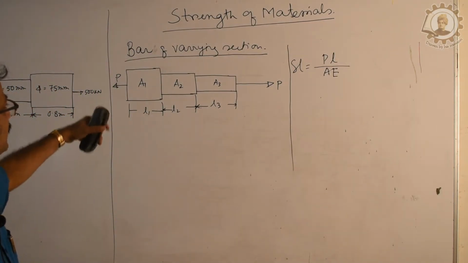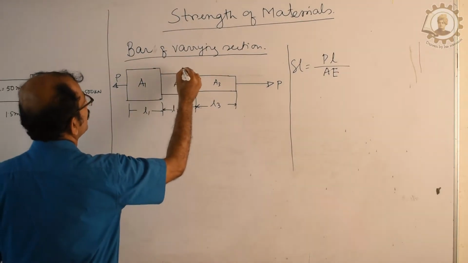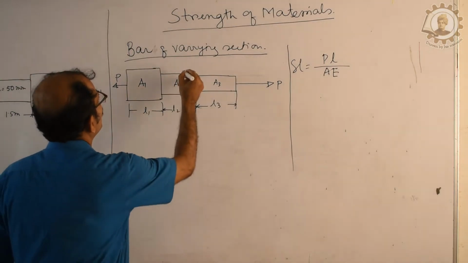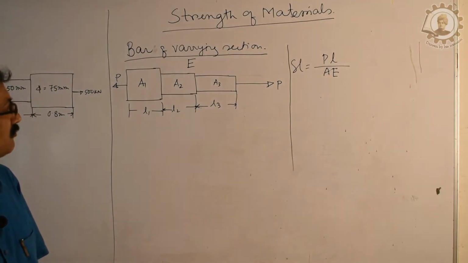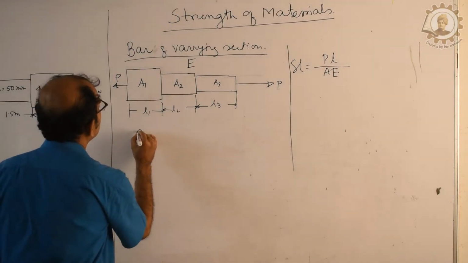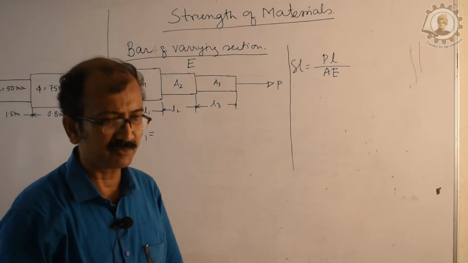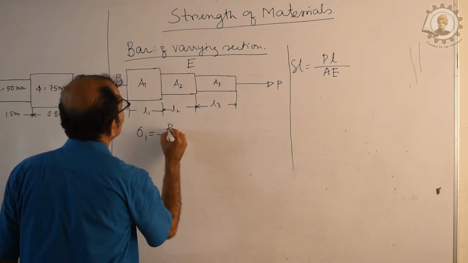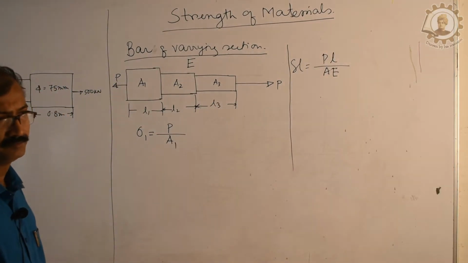Now, in the case of the first part, that is A1, the bar has the same material, so the value of E is constant for all three parts. Now, what is sigma? What stress will be developed in the first part? That is sigma 1, we know that P by A1.